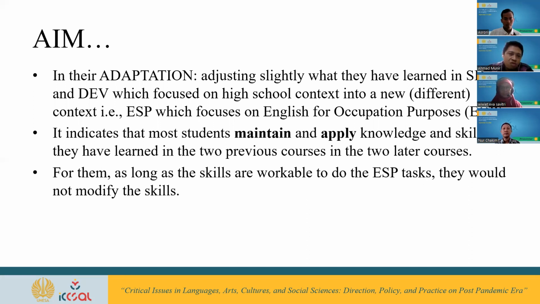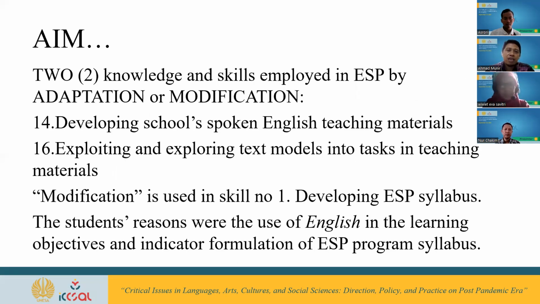This indicates that most students in our study, the 54 and also the 15, maintain and apply knowledge and skills they have learned in the two previous courses in the two later courses. For them, as long as the skills are workable to do the ESP task, they would not modify the skill.